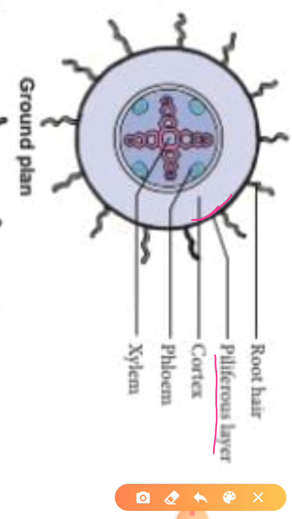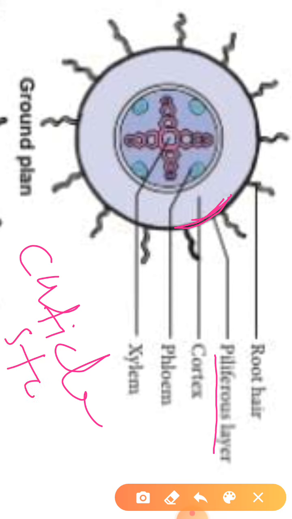But in epidermis, cuticle and stomata are present. But in epiplemma, cuticle and stomata are absent. Can you understand, my dear?